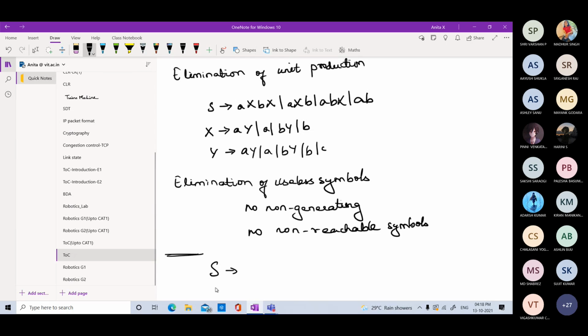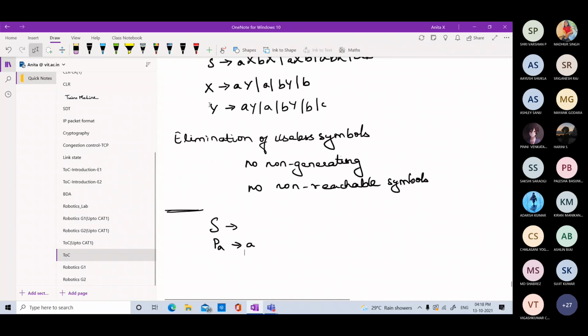Let me introduce two non-terminals: PA derives A, PB derives B. So here PA X, PB X. Please make a note, you can go for any naming convention.